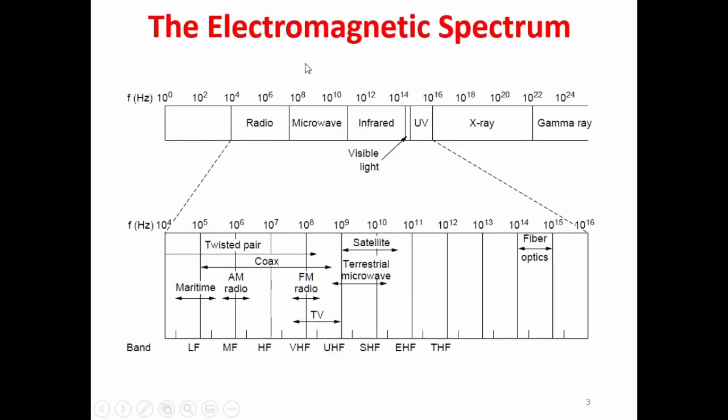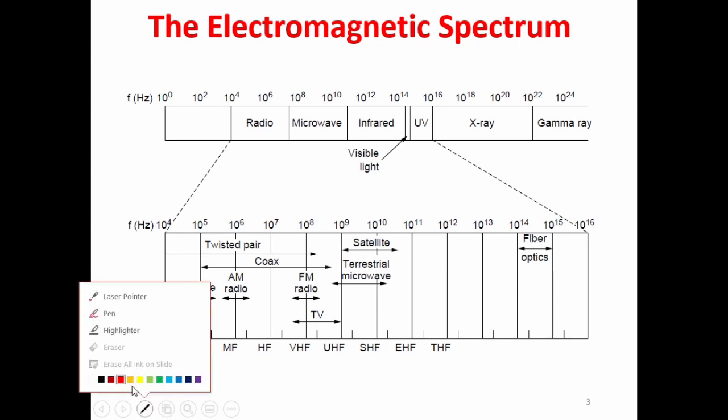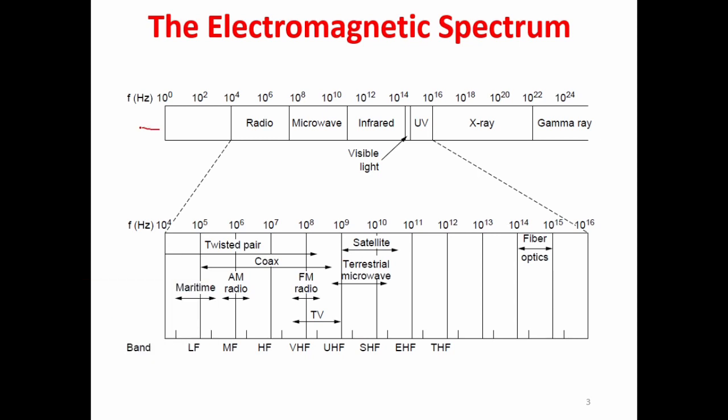Okay, but you can see here the electromagnetic spectrum. At the top, you can see the different types of waves based on different types of frequency, and here we have different types of technologies. Given the different types of waves, these technologies can be used.